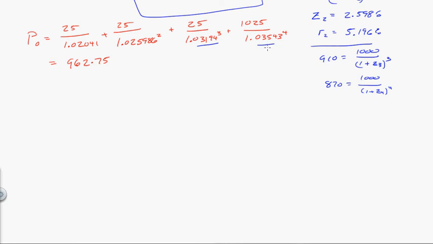But if I'm a bond trader, it's convenient to talk about the price of a bond in terms of yields. That's true because yield gives me one number. So the yield to maturity solves this equation. Now the price of $962.75 is equal to 25 over 1 plus y plus 25 over 1 plus y squared plus 25 over 1 plus y cubed plus 1,025 over 1 plus y to the fourth.